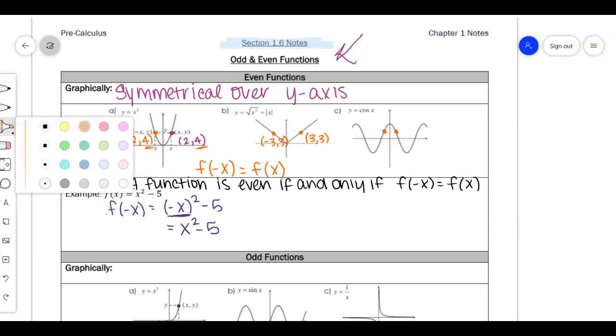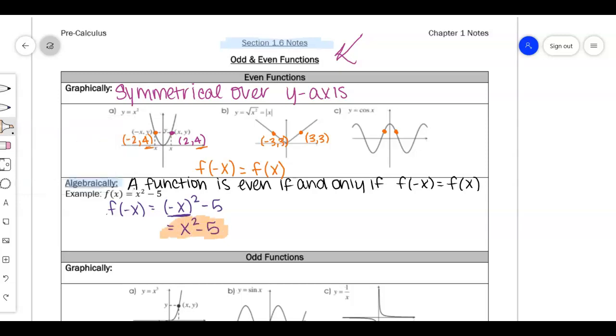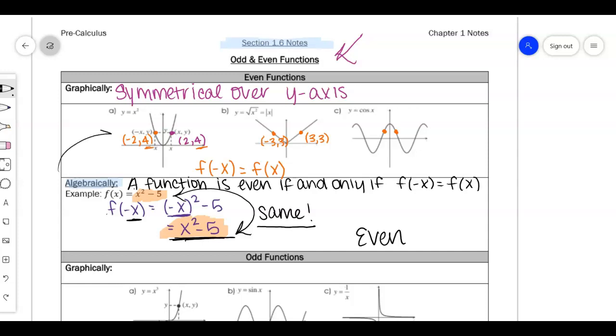If you compare our final result to the original, you'll notice that they're the same. That means it is an even function because plugging in any -x value will keep my outputs exactly the same. Like what we were talking about on the graphs up here, plugging in negative inputs is going to give me the same output as if I were to plug in that positive.